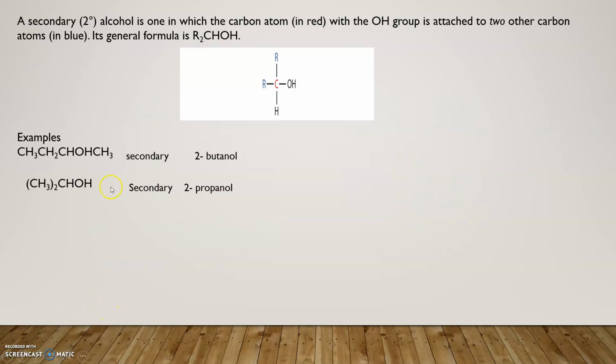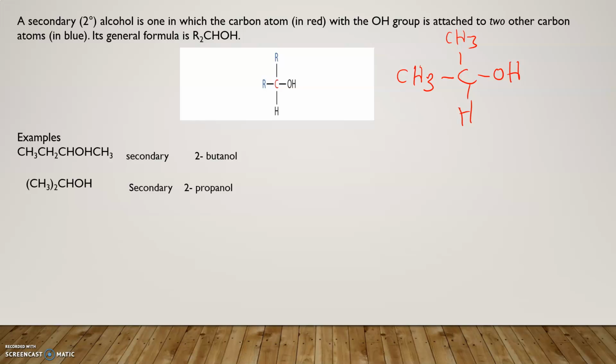Now the next one, the secondary alcohol. Remember the first one has 2 hydrogens? No, this is different. The carbon has only 1 hydrogen. An example: CH3, this is our carbon, and this is our OH, and here there's CH3, and here there's just hydrogen.